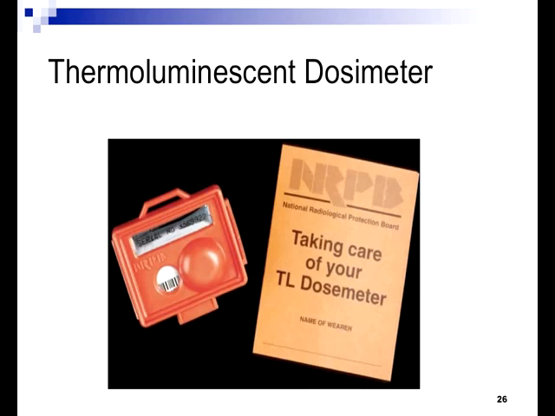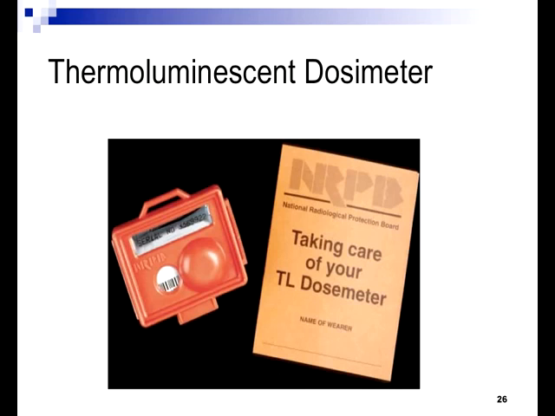The next is a thermoluminescent dosimeter, TLD. And these are used quite a bit around people that are exposed to low levels of ionizing radiation. If you are working in a doctor's office, if you're working at the USEC area, or places where ionizing radiation is present, this can determine what your annual exposures are going to be.